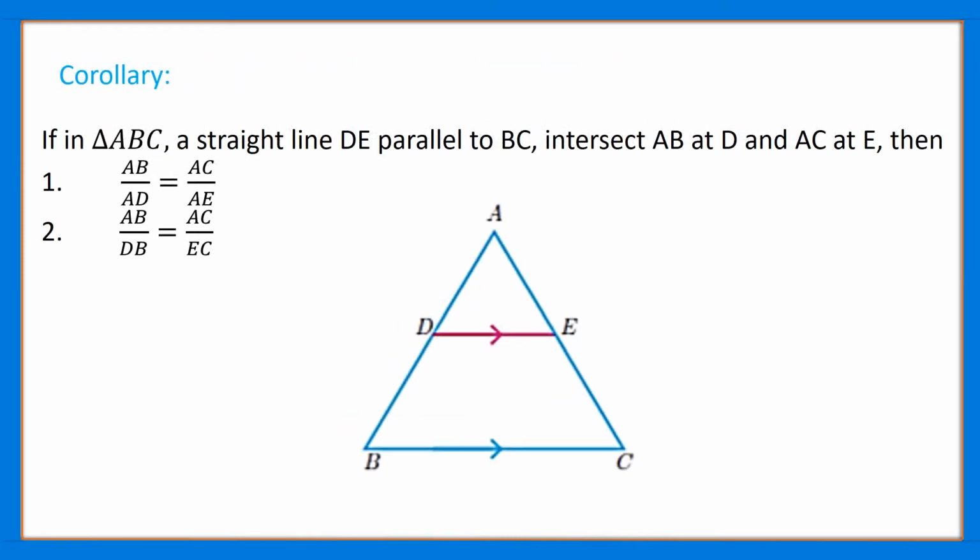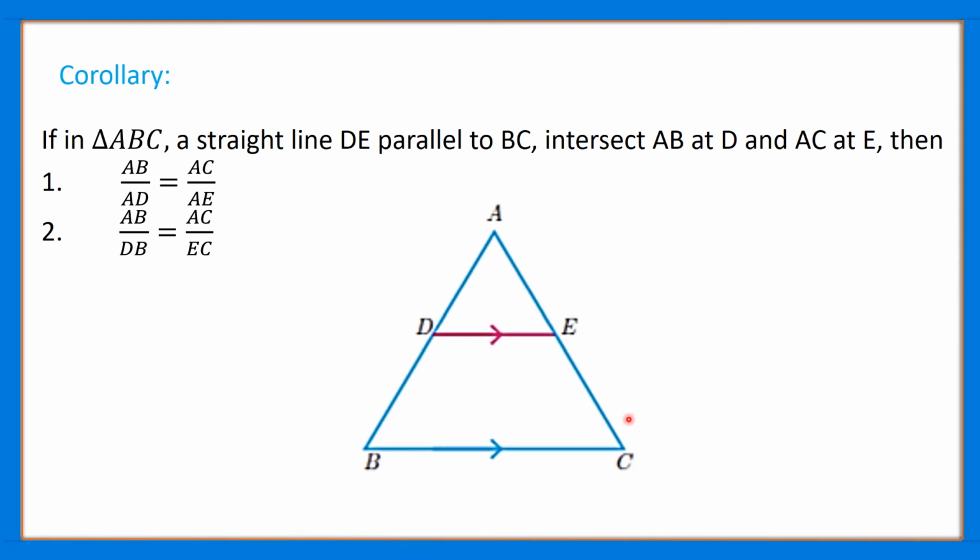Based on the basic proportionality theorem, there is a corollary. A corollary is nothing but a result based on the theorem. Similarly, if we have a triangle ABC and we draw a line DE parallel to BC and intersecting AB and AC at D and E respectively, then by the basic proportionality theorem we have AD by DB is equal to AE by EC.